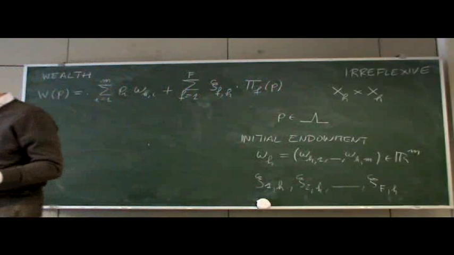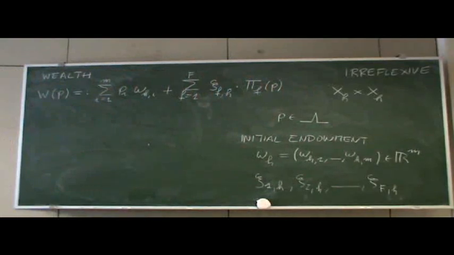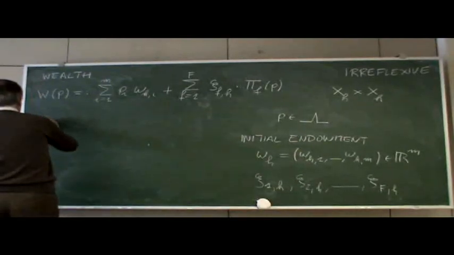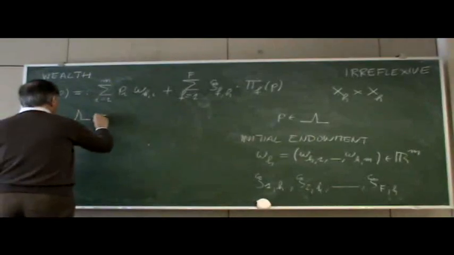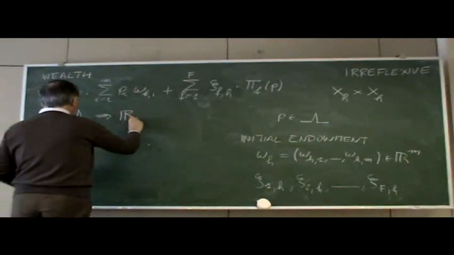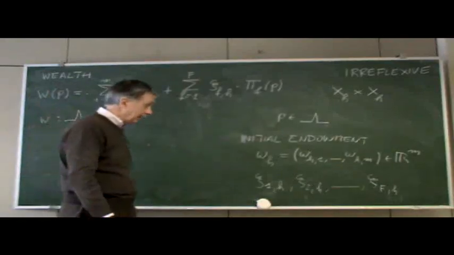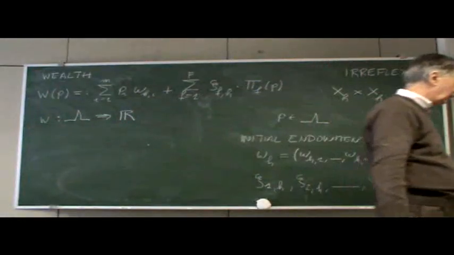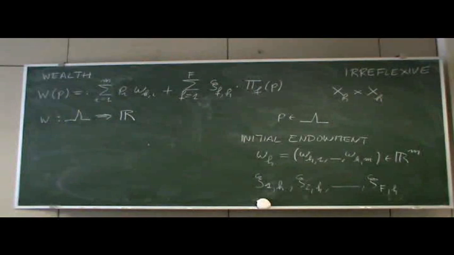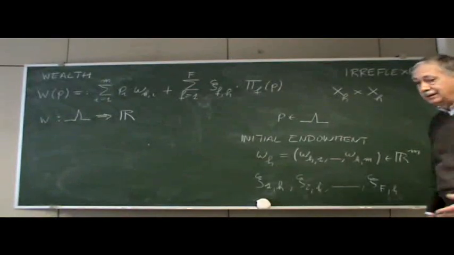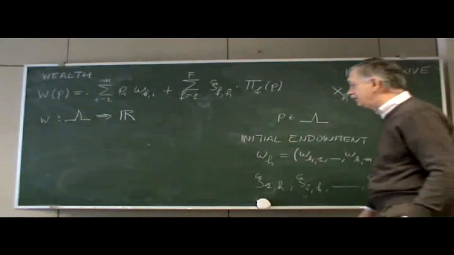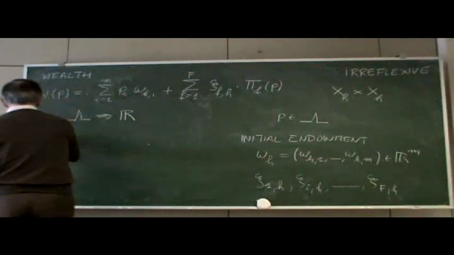Outside the large lambda, the wealth cannot, generally speaking, be defined. So this function is defined in lambda and takes values in the reals. Is it clear? After defining the consumer's wealth, we can define, finally, the budget correspondence.